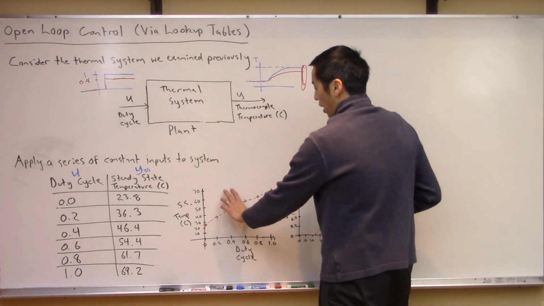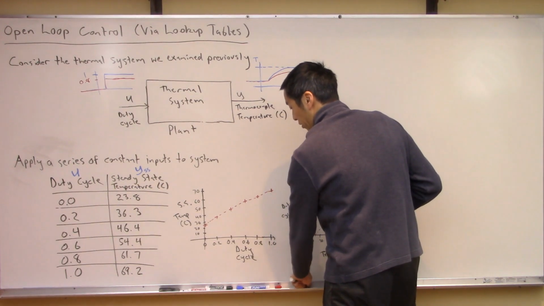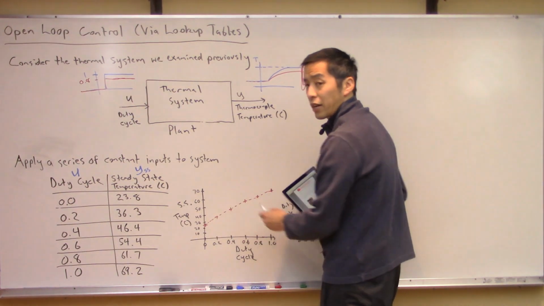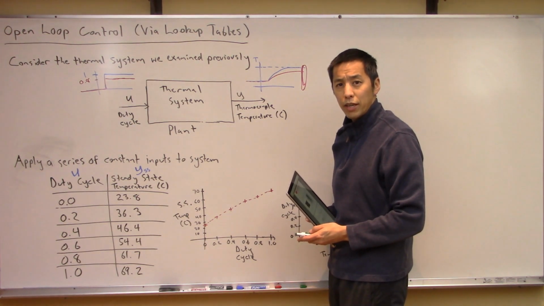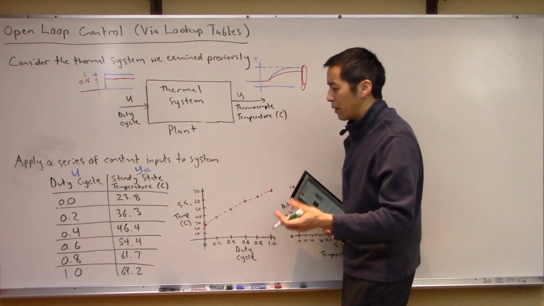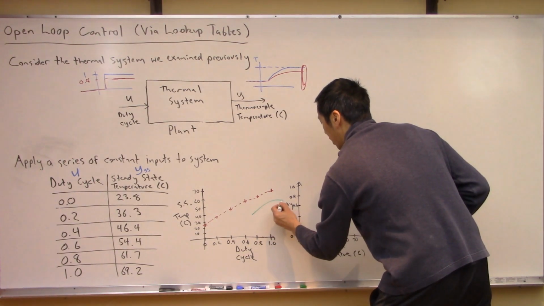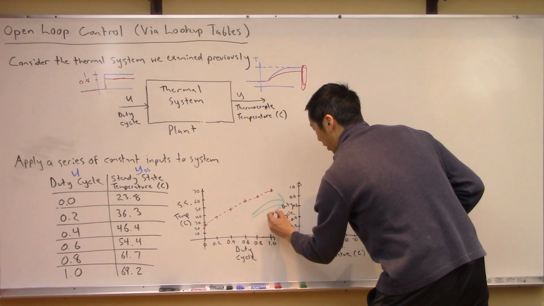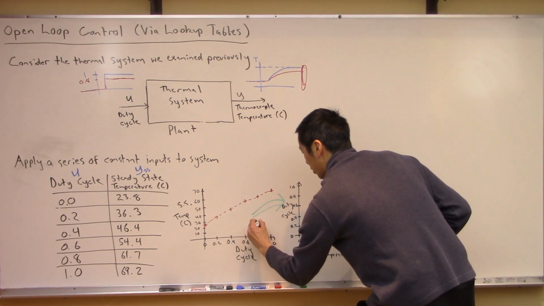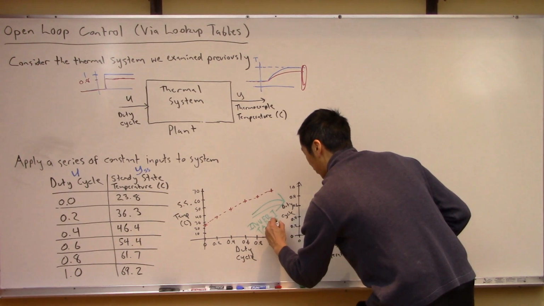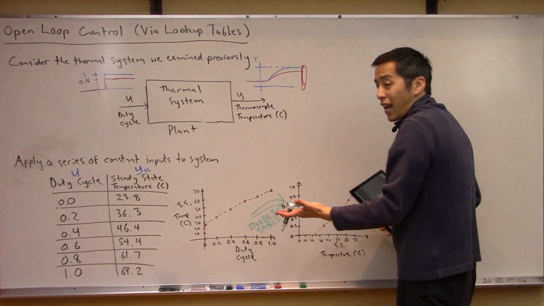Well, this is saying you stick in a duty cycle, and this spits out the steady state temperature that you achieve. Why don't we invert that table, in the sense that I just switch the axes? So I'm going to draw a big arrow and say invert table, which is just a fancy way of saying switch the x and y axes.